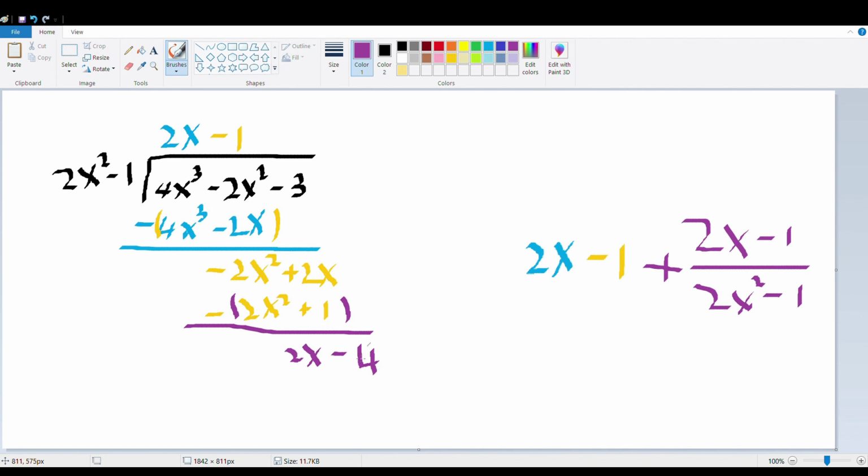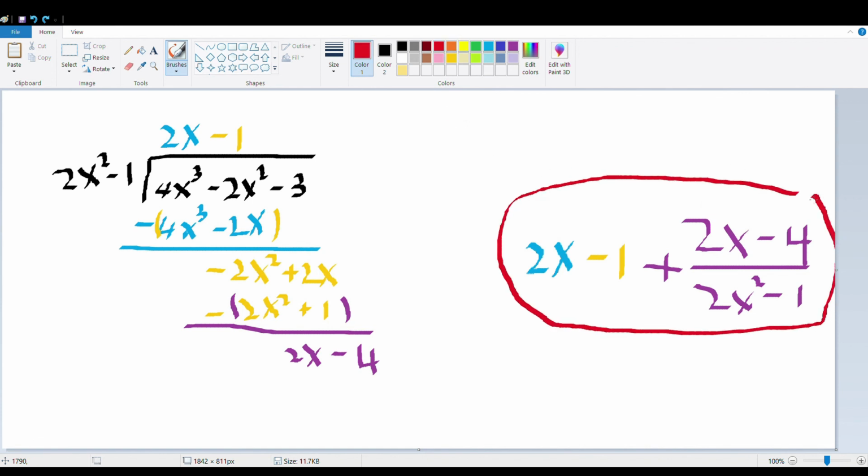And then we can put the whole stuff over here and change this to 2x minus 4, which of course you can factor as 2 bracket x minus 2, but that's pretty much the same because you can't really factor the denominator here. So this will actually be our final answer.